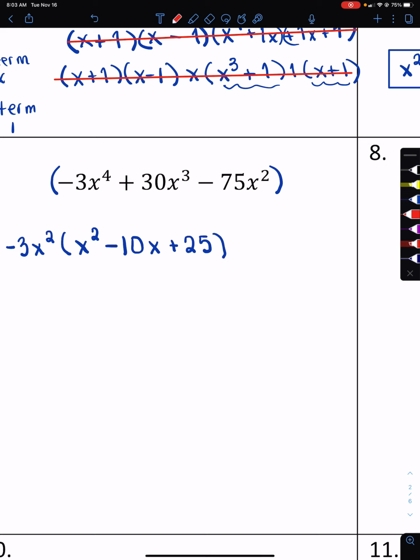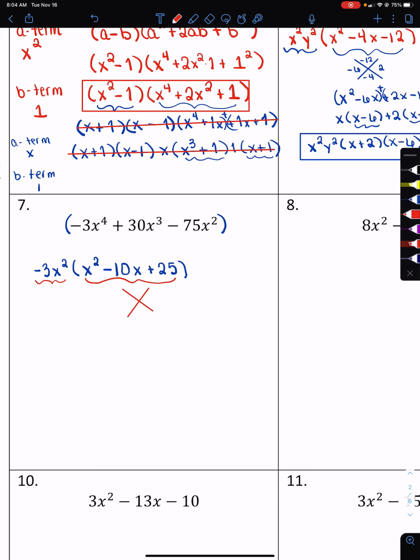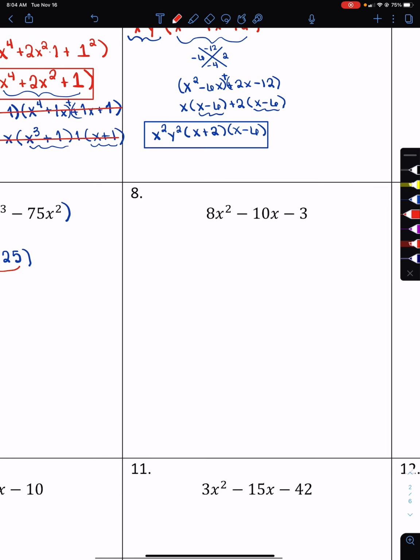So this here is your GCF, but use the diamond method or quadratic formula if you'd prefer, and go ahead and factor that one. Factor what's inside, and then at the very end, remember to still attach that GCF to it.